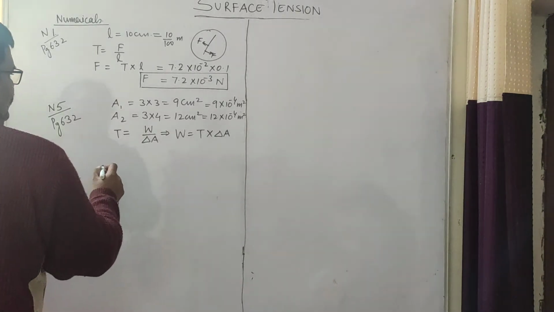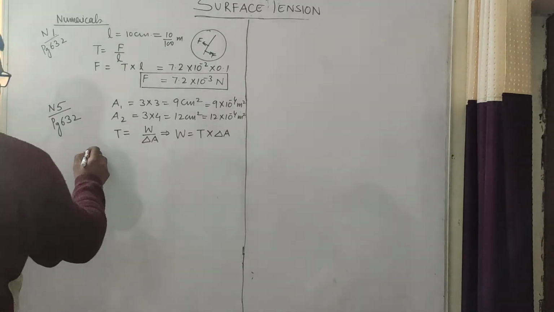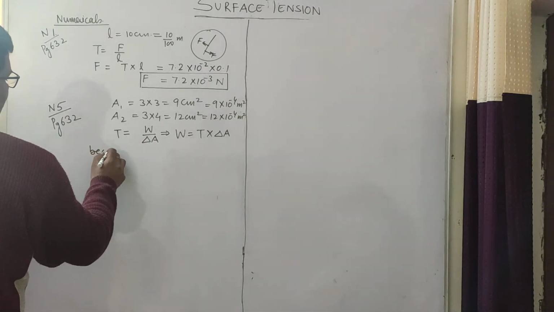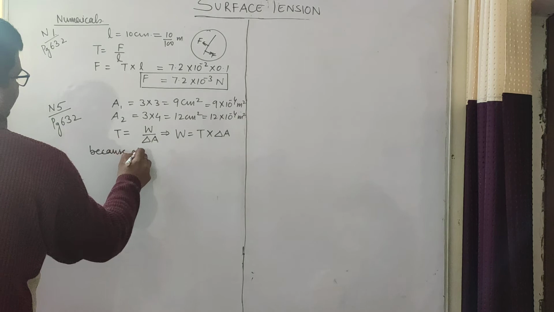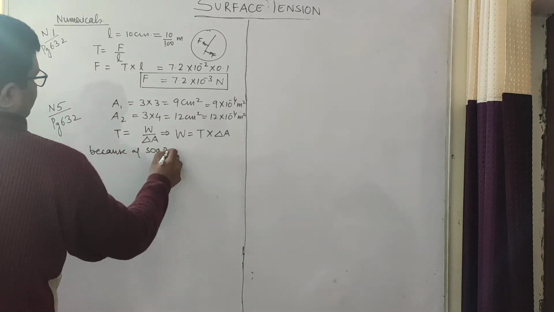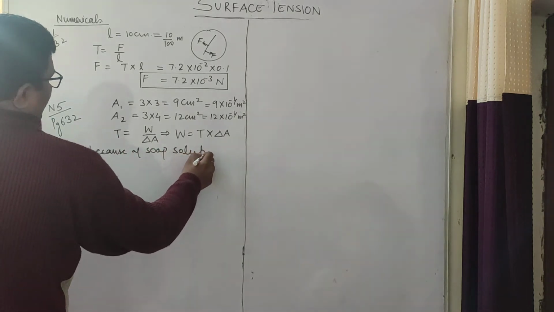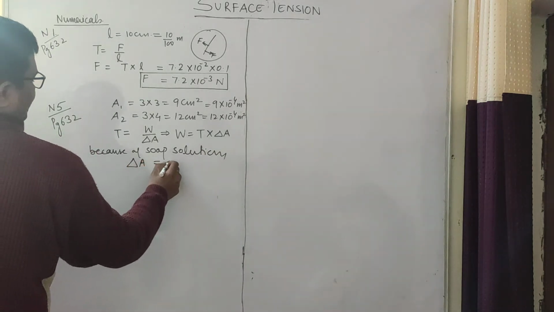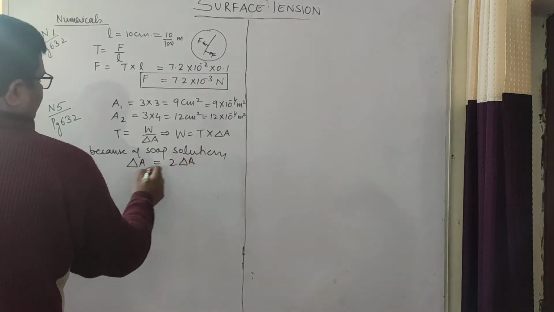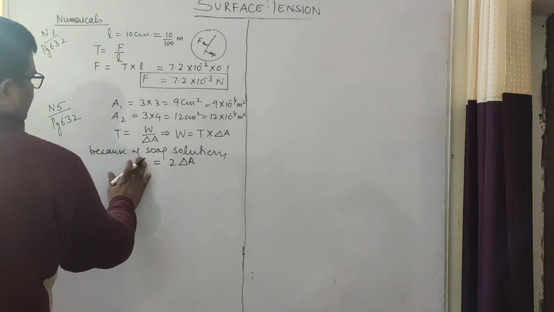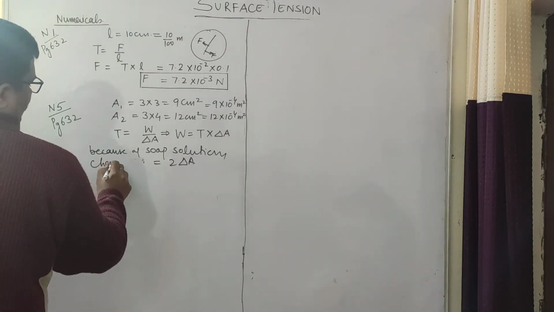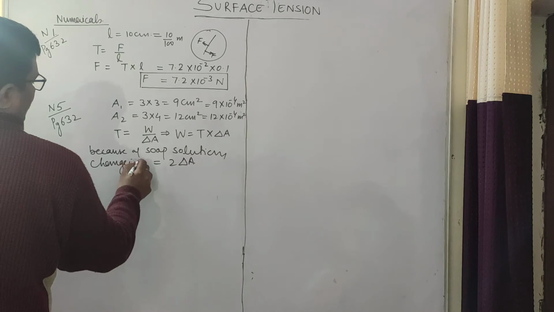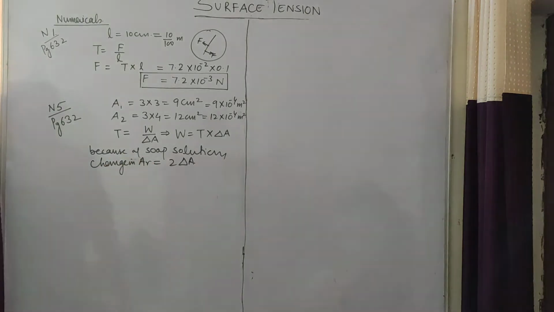And you all know that because this is soap solution, the change in area will become 2 times the change in area, because soap solution has two surfaces in contact with air.